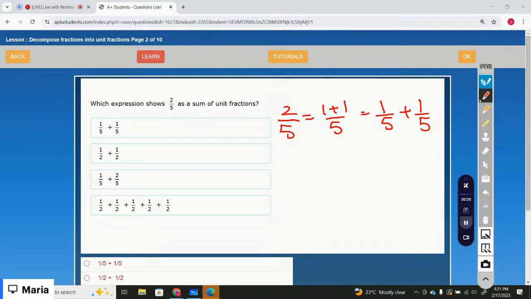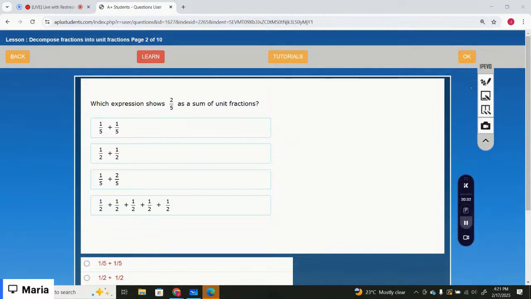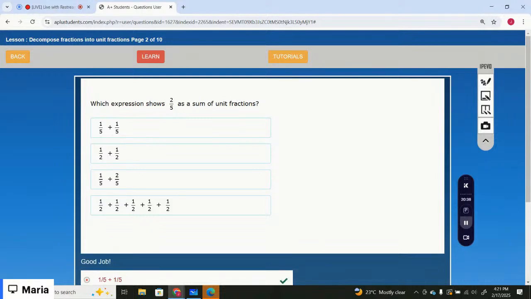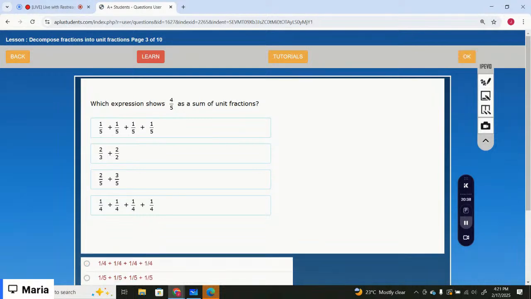Yes, that is option number 1. Okay, let's just move on to the next lesson. Which expression shows 4 by 5 as a sum of unit fractions? So which is the correct option?